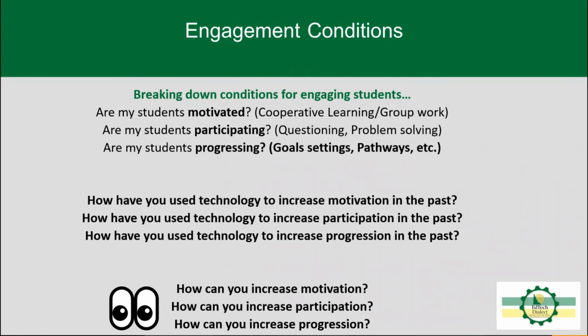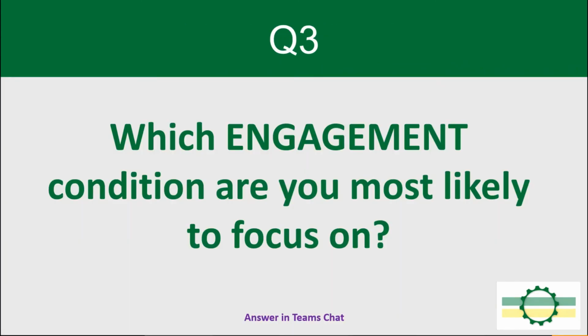So if you can get them progressing, they might say, oh, I've caught the motivation. And you get the idea. So which engagement condition are you most likely to focus on? And you can focus on all 3. I'm a fan of putting my attention on one thing, trying to do it well, and then moving on. I'm not saying you won't do it well. Just talking about my brain.